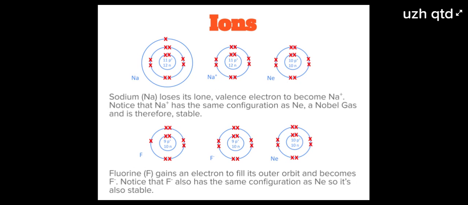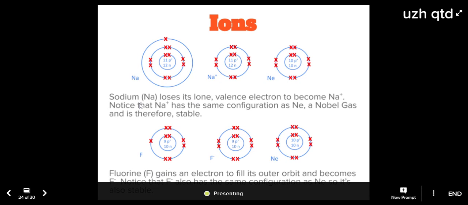Okay, so in this example, sodium loses its 1 valence electron to become a sodium ion. Pay attention again to the fact that the sodium ion has the same configuration as neon, a noble gas, and so it's stable.